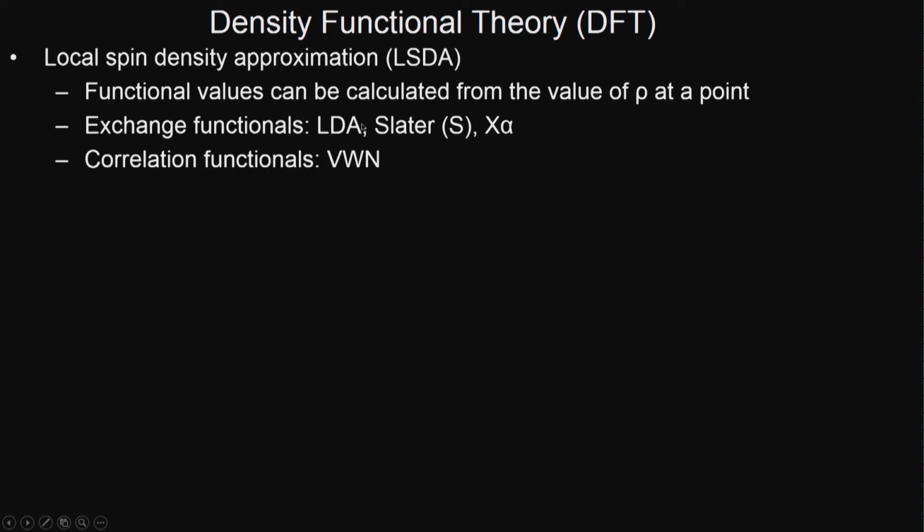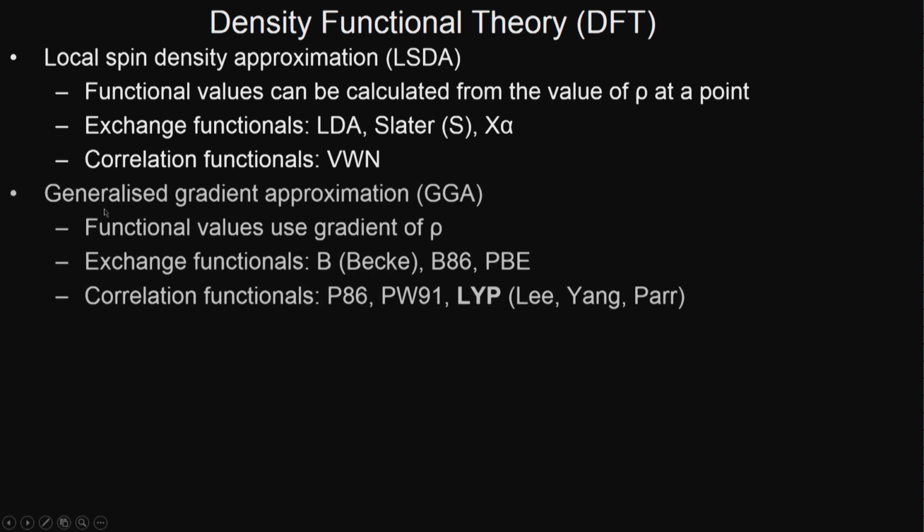So in density functional theory, you have the local spin density approximation. The functional values can be calculated from the value of rho at any point: exchange functionals, the local density approximation, Slater; correlation functionals, the generalized gradient approximation, where functional values use the gradient of rho.